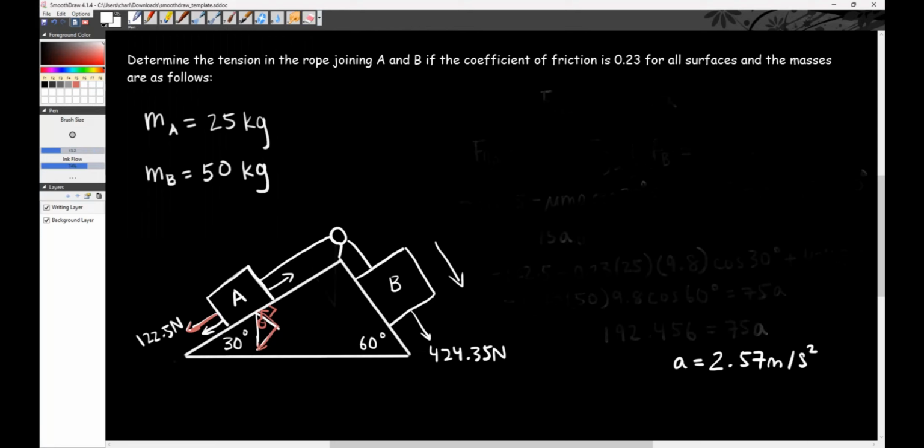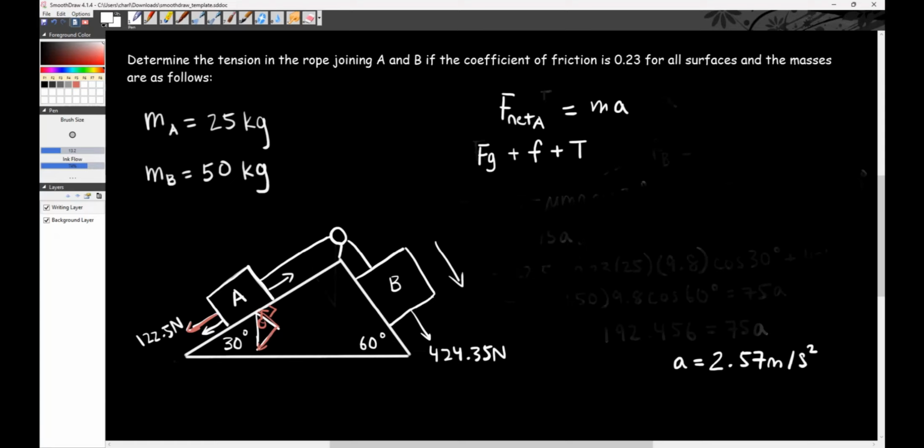But let's just do block A. Again, we start with F net on block A equals M A, and this time we're going to use all the forces acting on block A. So that's going to be the force of gravity plus the force of friction, and then we're adding the tension force.